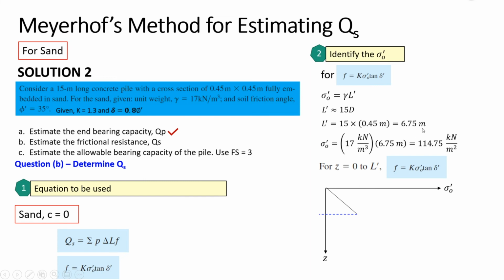As we calculated here, the critical depth is 6.75 meter, and the effective pressure is 114.75 at the critical depth. Once it reaches the critical depth, the effective pressure will remain constant towards the end of the pile length. So now we need to calculate for different sections of the effective pressure.